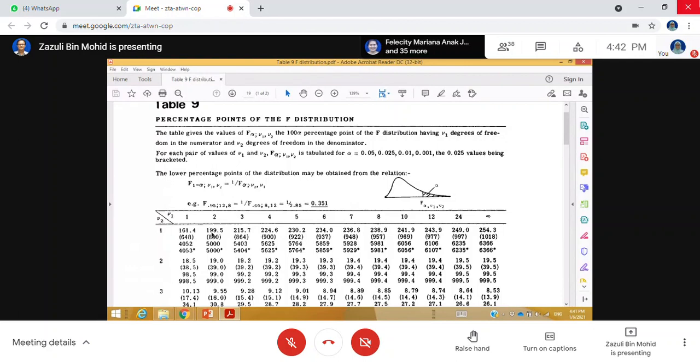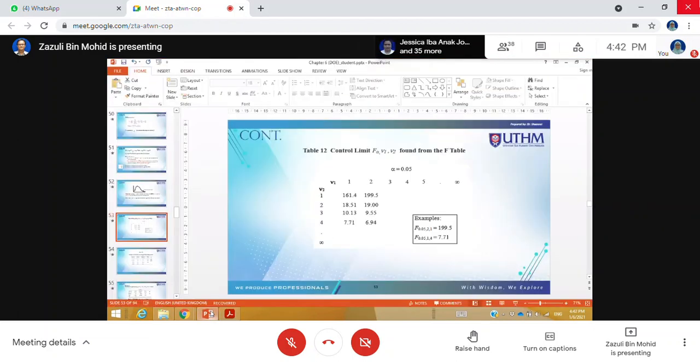Okay, we can get the value of 199.5. Okay, 199.5 is the value of F alpha 0.05, v1 is 1, v2 is 4.